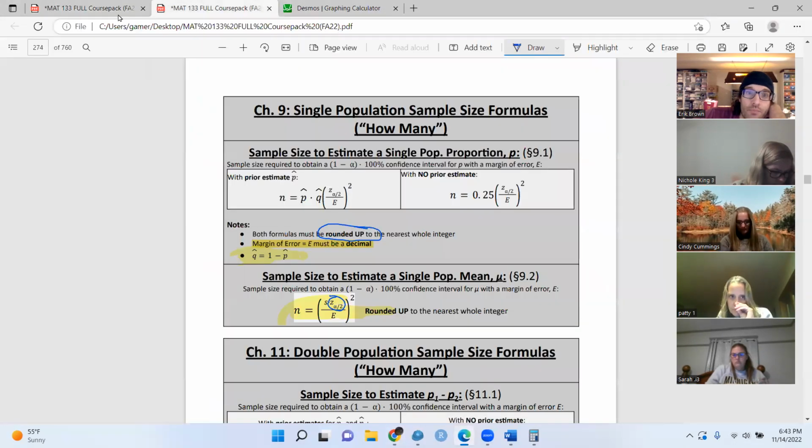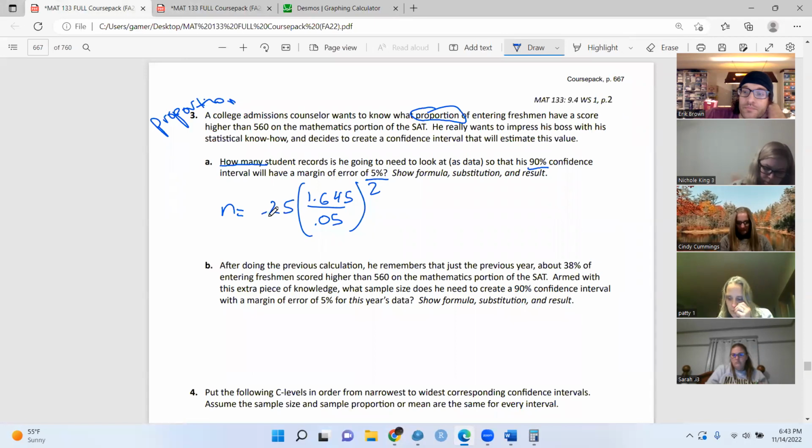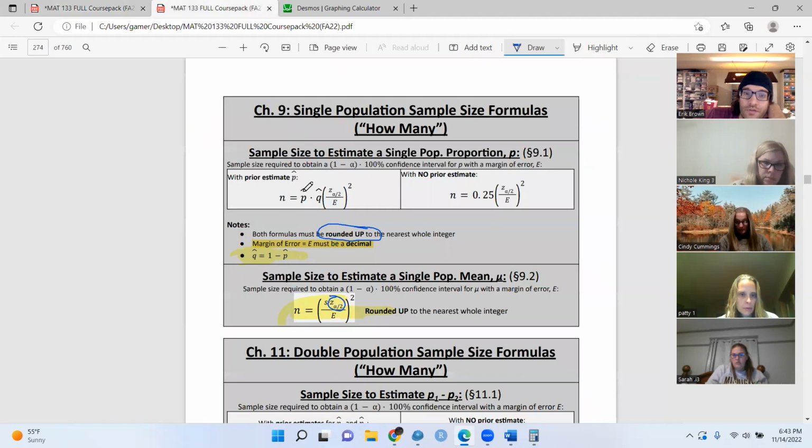By the way, anyone know where the 0.25 comes from? Why is it 0.25? Okay. So if you look at the formula, we have a p hat times a q hat, which add together to equal 100%, always. Well, the largest multiplication of two numbers between 0 and 1 is 50-50, 0.5 times 0.5.